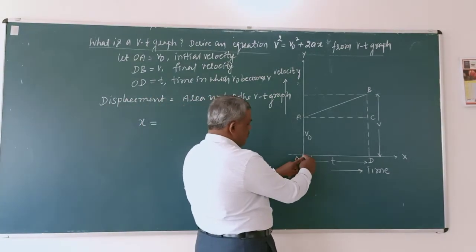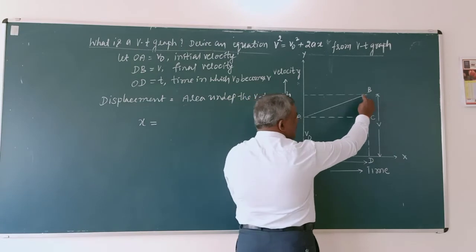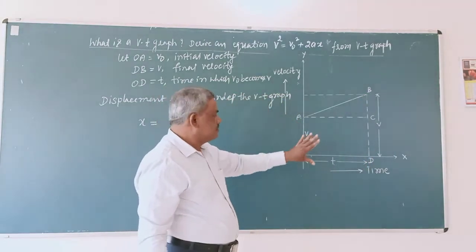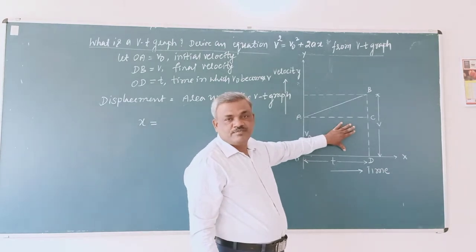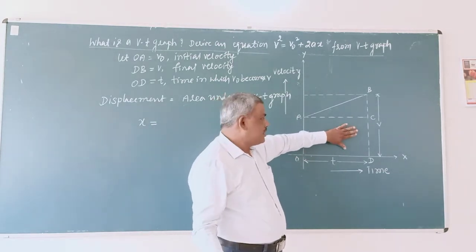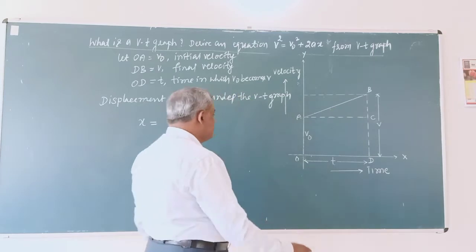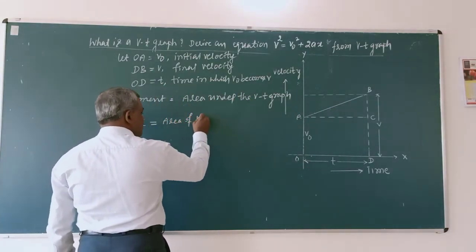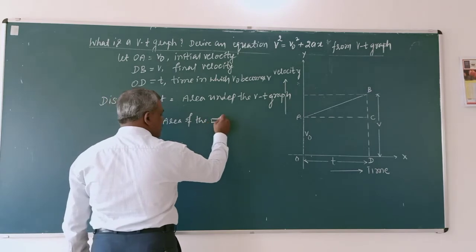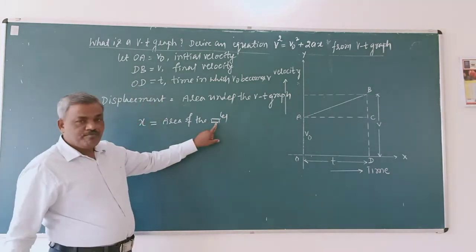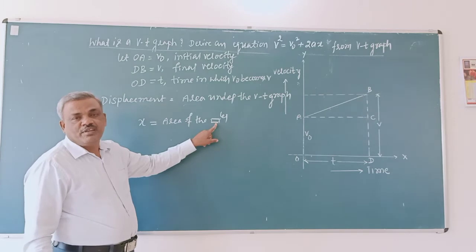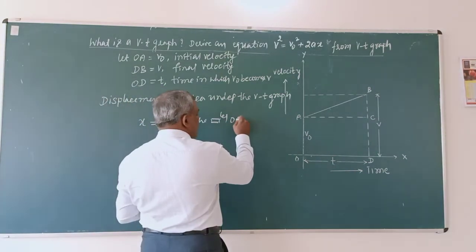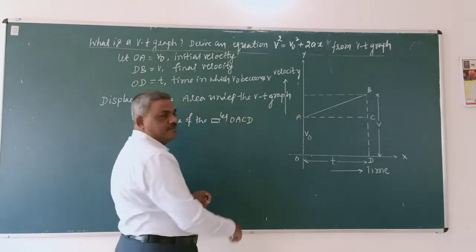So this is area O, A, B, D under the VT graph. This is a trapezium. In the trapezium we have a rectangle and a triangle. So area of the rectangle, friends, this symbol indicates a rectangle.